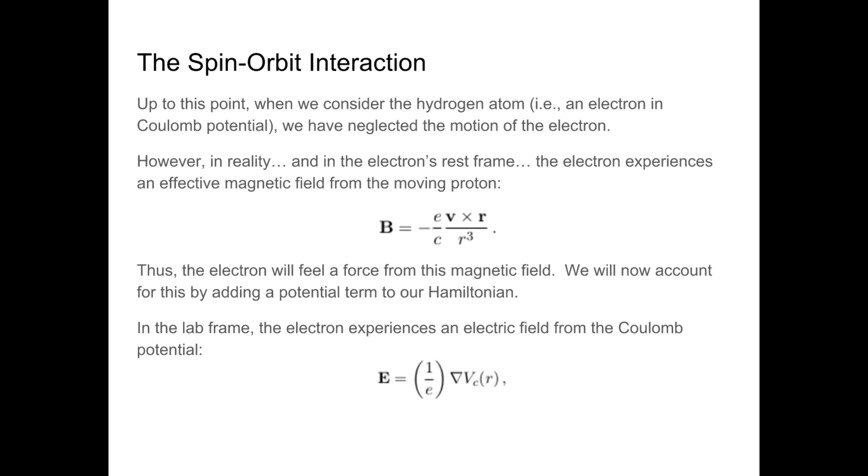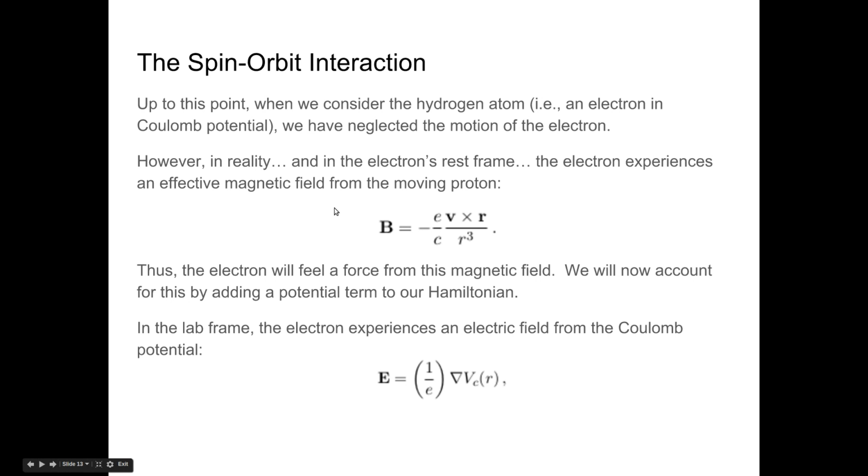So what we want to do is study the effects of this magnetic field. The way it works is we have to work in the electron's rest frame. In the electron's rest frame, it's the proton that's moving, and a moving proton also creates a magnetic field.